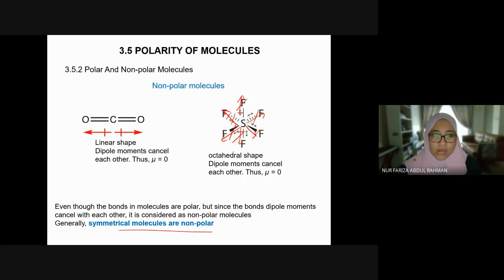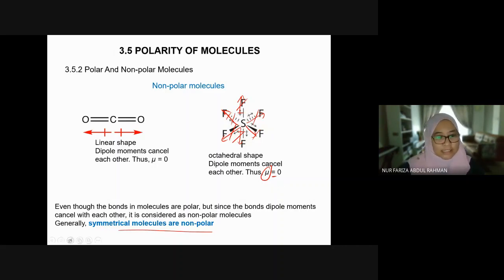Even though the bonds are all polar, they cancel out. Why do they cancel out? Because it is symmetrical. And it is obvious, right? I showed you just now, it cancelled out due to the symmetrical shape. So there's no net dipole moment, or mu is equal to 0. Therefore, it is a non-polar molecule.